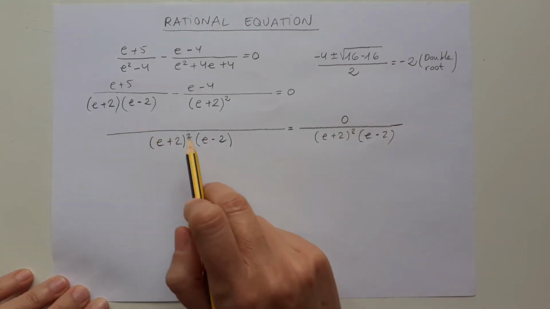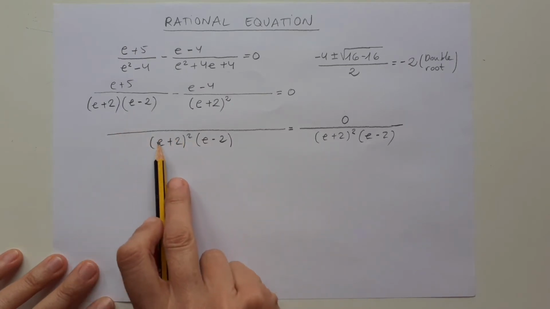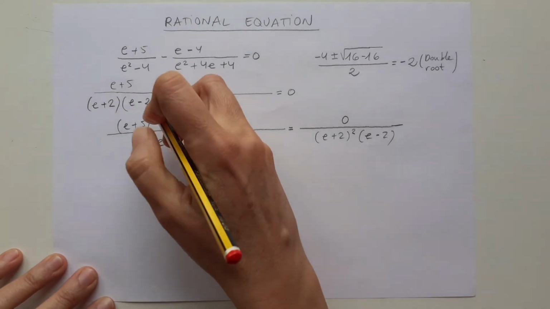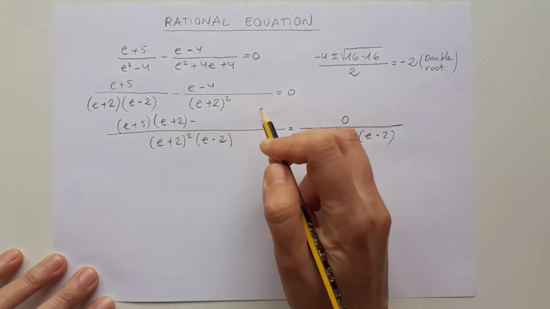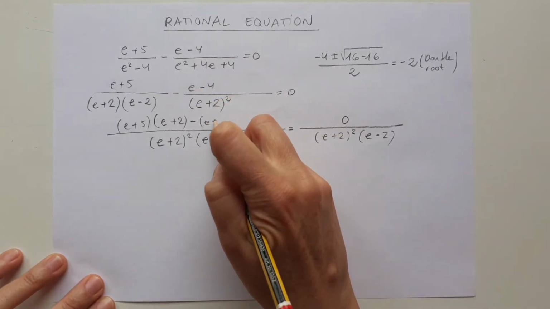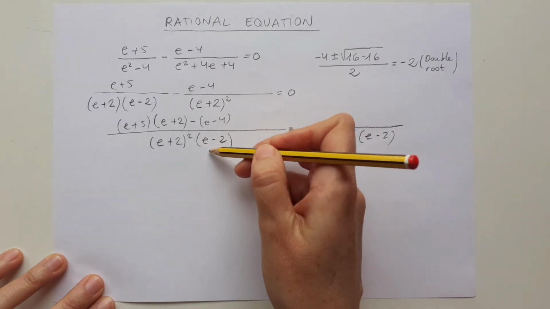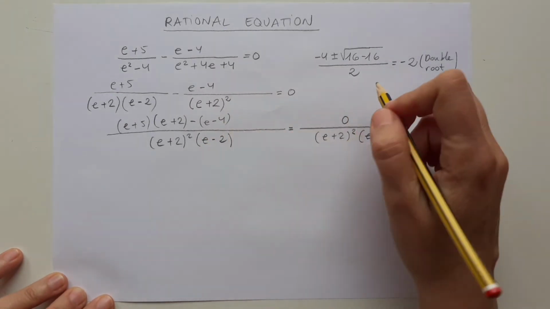And now let's work on this. If I divide this common denominator by this, the result is e plus 2. So I have to multiply e plus 5 times e plus 2, minus, and then e minus 4, that is what I have. And if I divide this by this, I obtain e minus 2. I'll put it here with more detail.